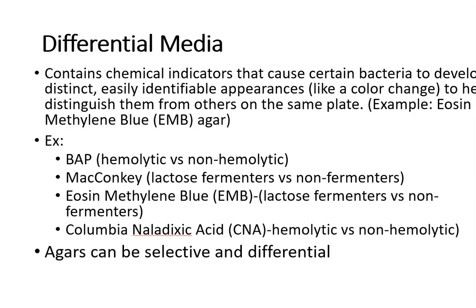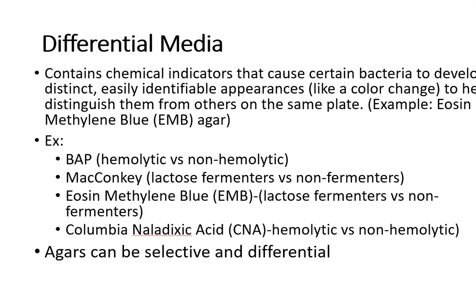Then we can use differential agar. I'm going to show you a picture of this. It contains some chemical indicators, some dyes that cause bacteria to look distinct. They change color. And it helps us distinguish them.